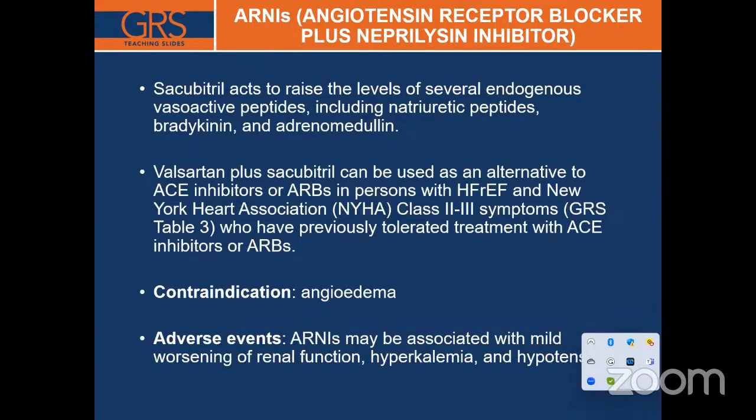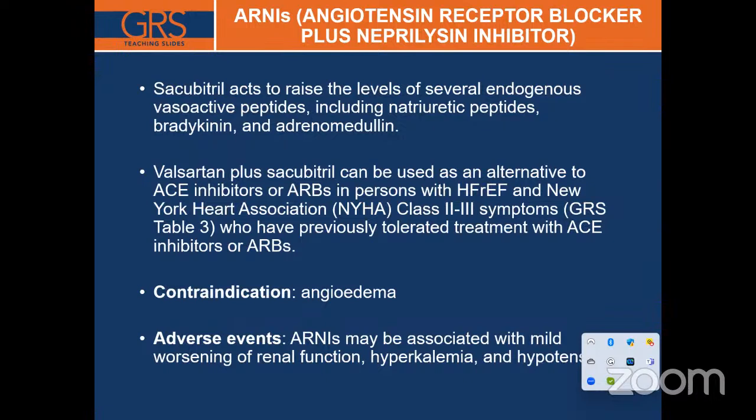Sacubitril acts to raise the level of several endogenous vasoactive peptides, including natriuretic peptide, bradykinin, and adrenomedullin. Valsartan plus sacubitril can be used as an alternative to ACE inhibitors or ARBs in persons with heart failure with reduced ejection fraction and New York Heart Association class 2 or 3 symptoms, who have previously tolerated treatment with an ACE inhibitor or ARB.